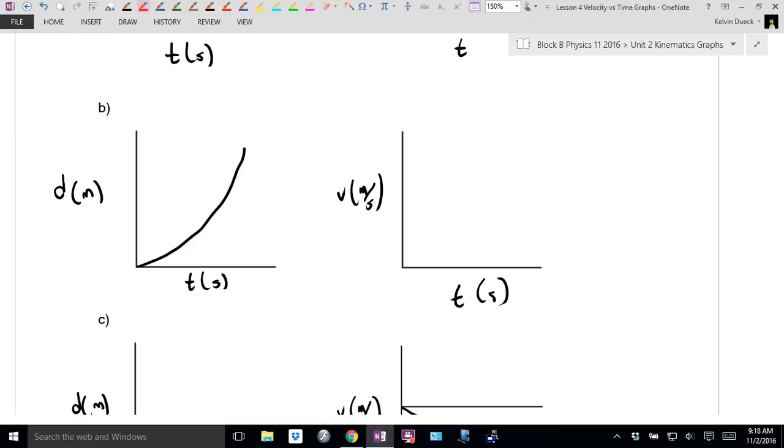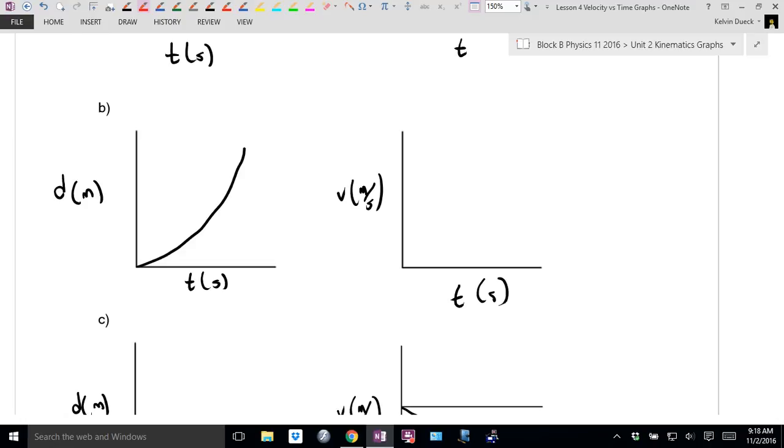What's happening in B in that distance versus time graph? Zach. A little louder. It's getting faster. Speeding up? Yeah, speeding up. Okay. First of all, positive or negative velocity? Okay, so I'm not drawing below the x-axis. And speeding up?